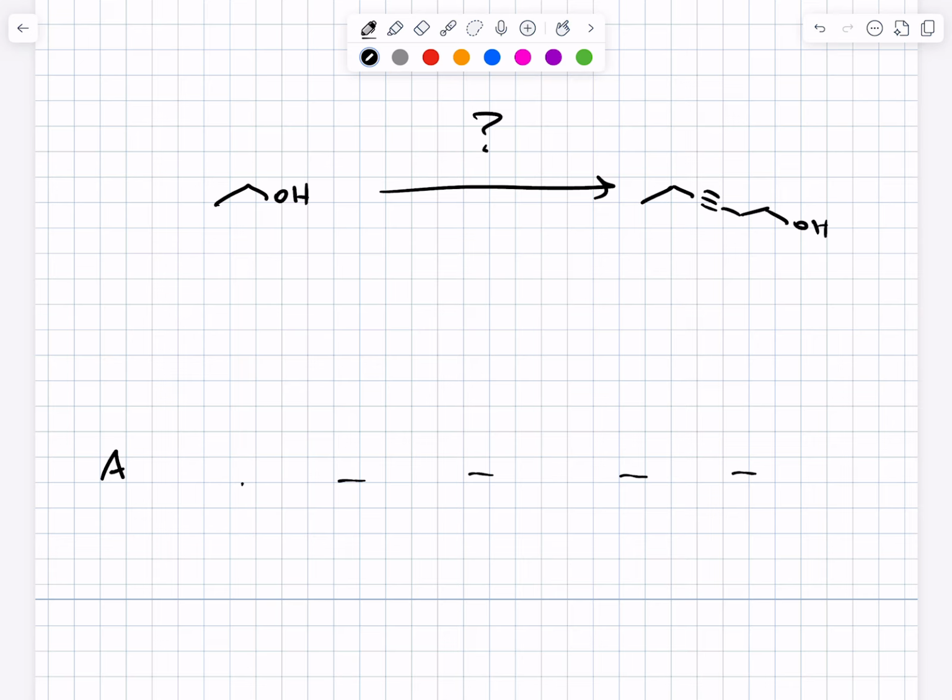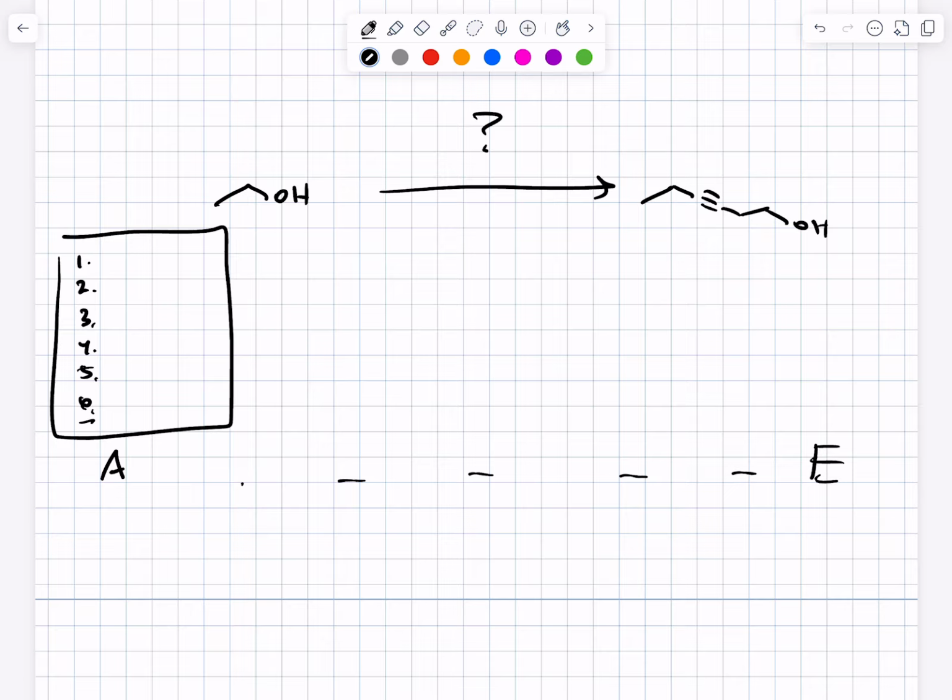Z, oh, okay. Yes, I like how you think, but no, there's not that many options. It'll usually be A through D or A through E, and each of these will be a box with a list of reactions, reagents, and so on. And only one of them will work, or sometimes two of them will work, and I'll ask you to choose the two that work, and not the ones that don't work.